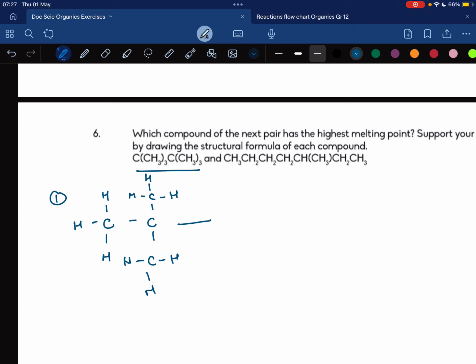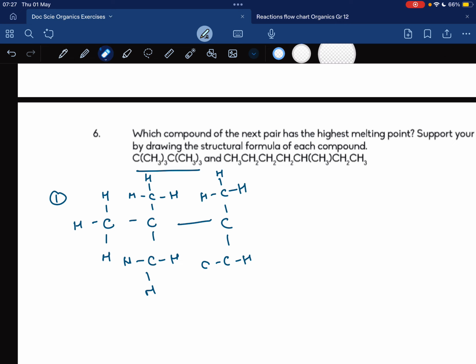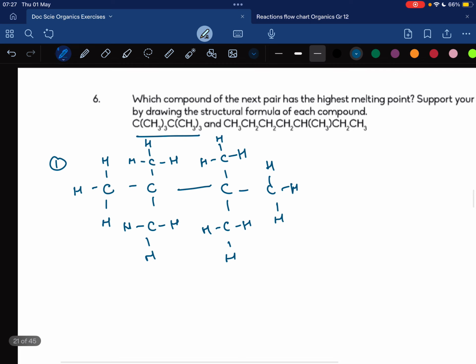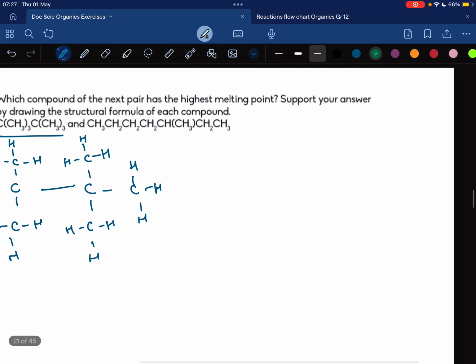Then we have C, CH3, CH3, and CH3. Okay, please make sure that you take a moment to pause the video and also draw the molecules yourself, because obviously you need to make sure that you practice.